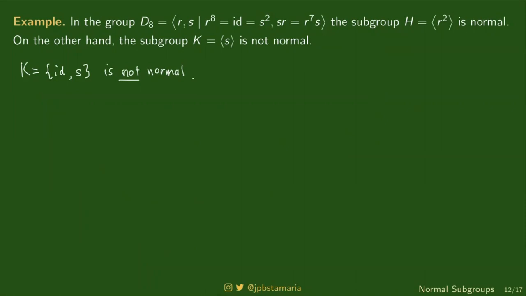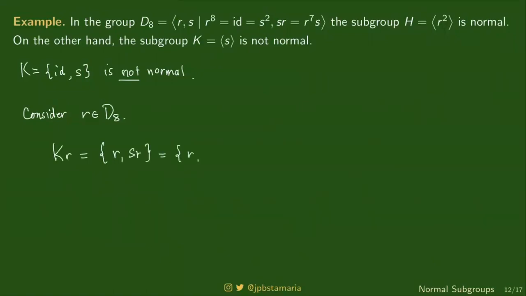Sabihin, you just need to get an element which when multiplied to the left and to the right of K yields two different things. Halimbawa, consider the element R. Okay? If I multiply R on the right, I get, of course, R SR. Right?